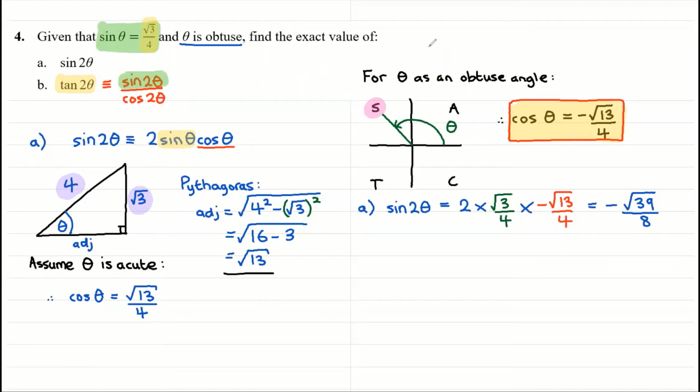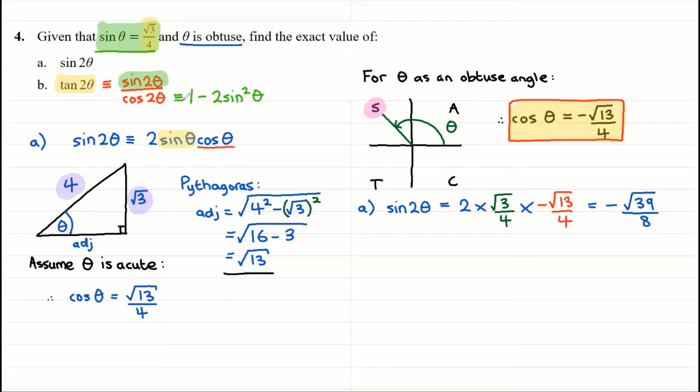Just as a precaution, in case I've made a mistake with the cosine, I'm going to use the sine variant to make sure that I'm using the correct value. I just think it's a sensible thing to do. So we know that the cosine of 2 theta will be 1 subtract 2 lots of sine squared theta, and that's an identity, of course.